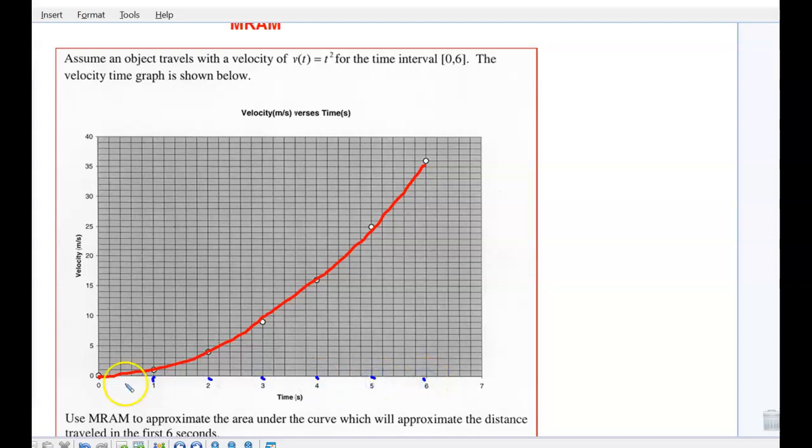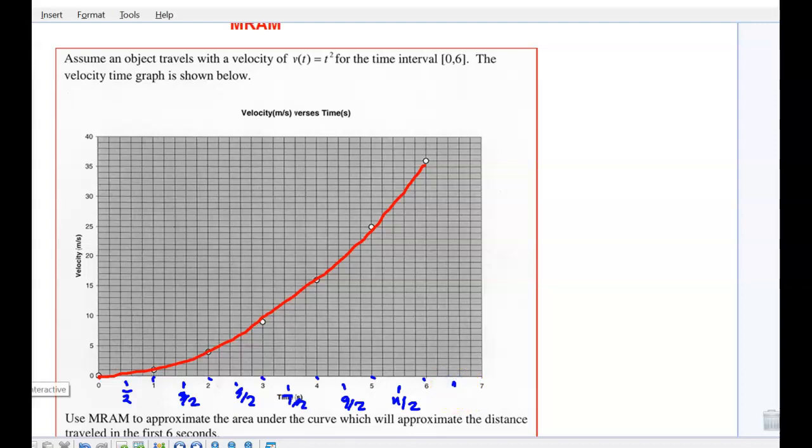Now I'm going to take the middle point of each of these rectangles, which is going to be 1/2. And this would be 3 halves. And the middle here would be 5 halves, 7 halves, 9 halves, 11 halves, and that would be all I would need for that.